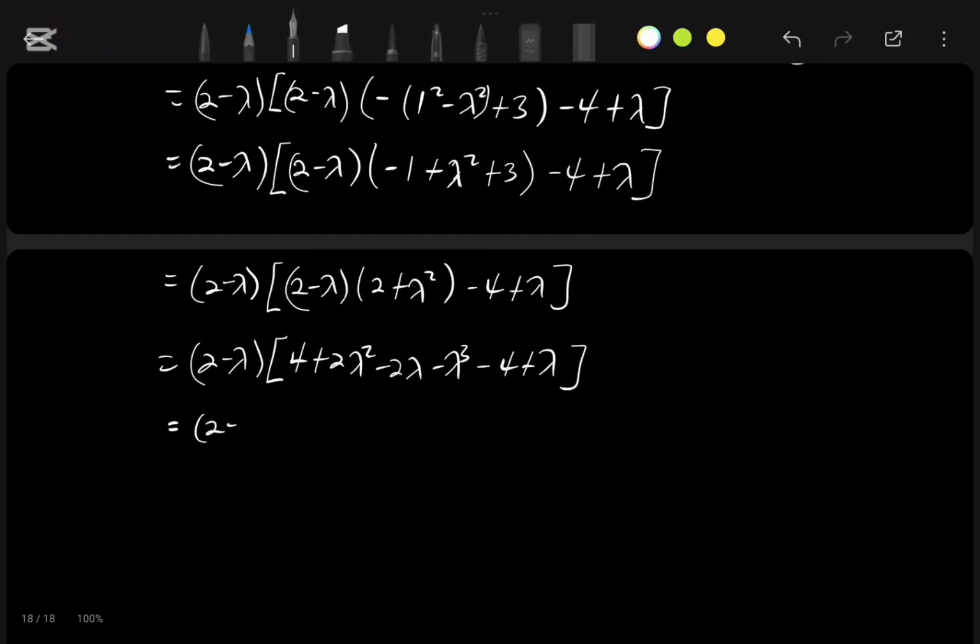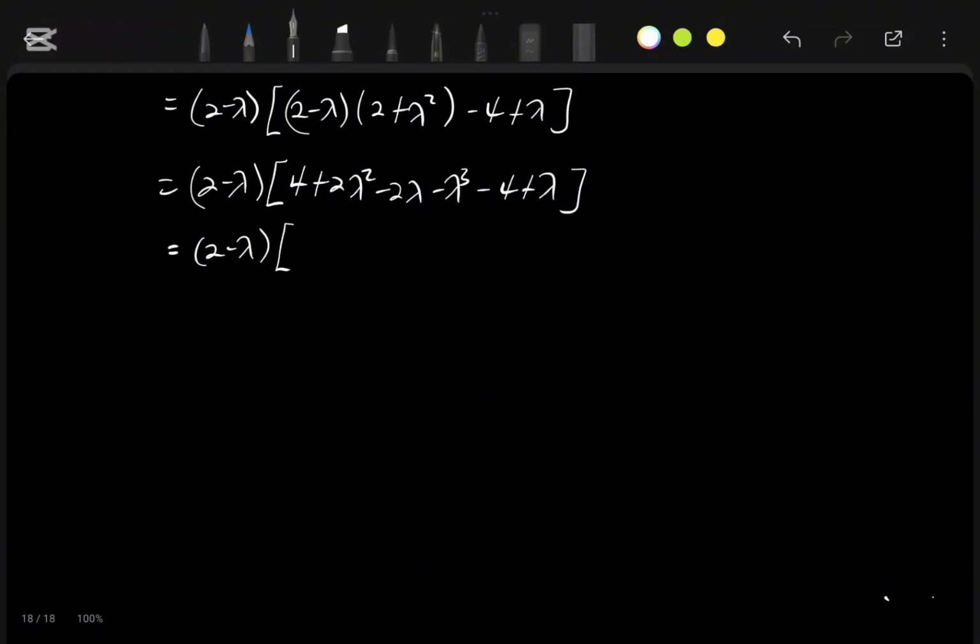And we have 2 minus lambda into bracket. We have 4 minus 4 minus lambda cubed plus 2 lambda squared minus lambda.